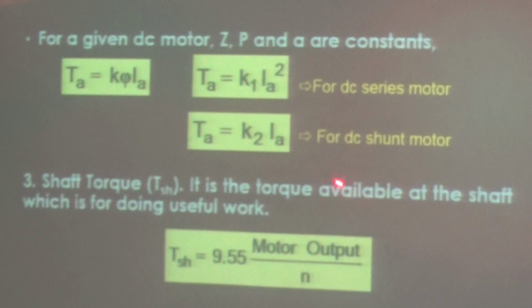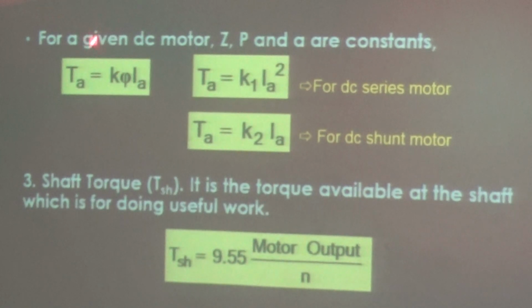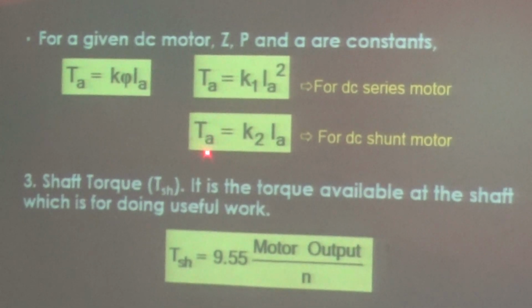So for shunt DC motor, as is yan, since yung shunt motor naman has a constant flux dito. Sa shunt motor kasi, hindi proportional ang flux sa armature current. Kaya, ito lang siya. TA is equals to K2 IA.